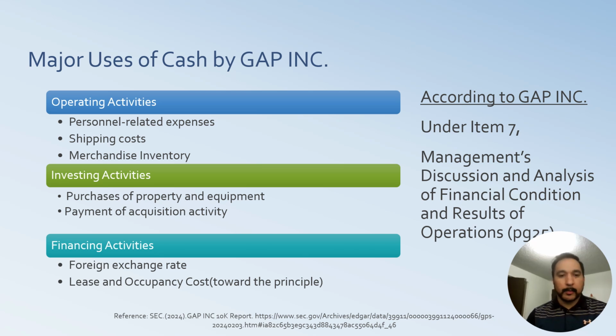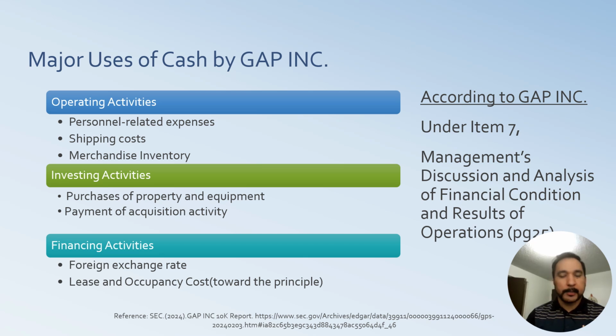Financing activities, we have the foreign exchange rate, which shows that Gap is now a global company and has acquired a wider band of distribution. The other one under financing activities is leases and occupation cost.